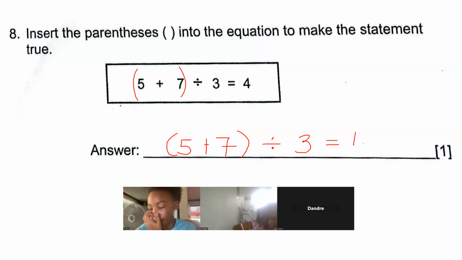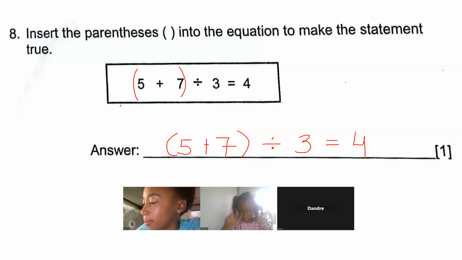Equals 4. Very good, and that's how you answer, because we want to do that operation first. 5 plus 7 is 12, and 12 divided by 3 is 4.